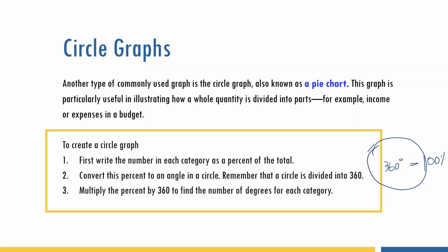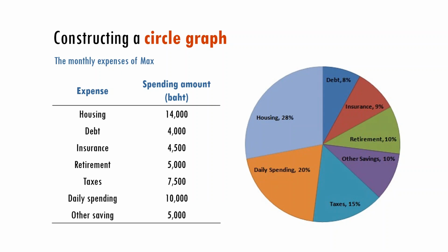Okay, now let's say this is the monthly expense of Max. He spends for housing 14,000 baht, pays for debt 4,000 baht, insurance 4,500, and he saves for his retirement 5,000 baht, plus tax, daily spending, and other savings.